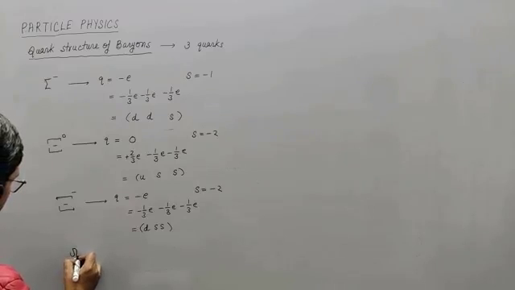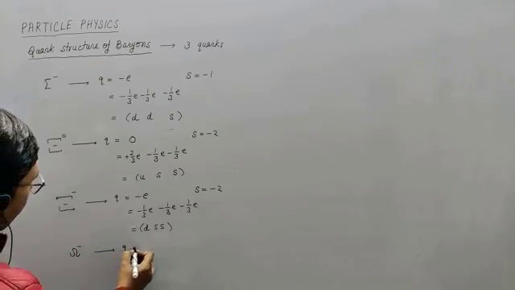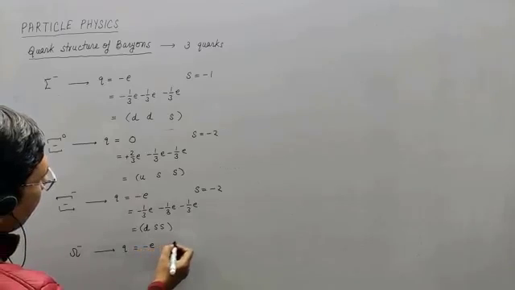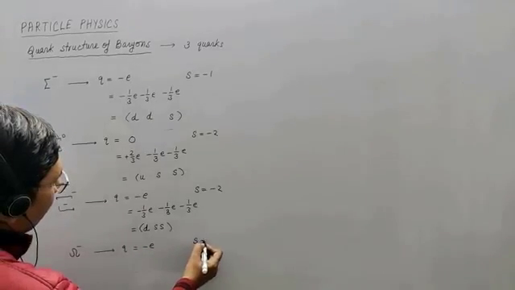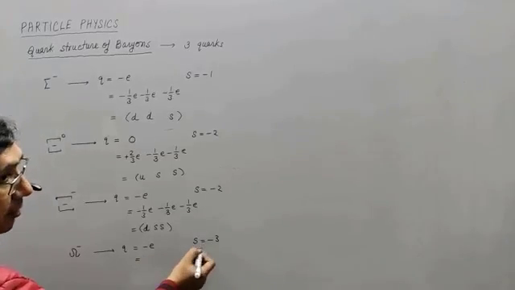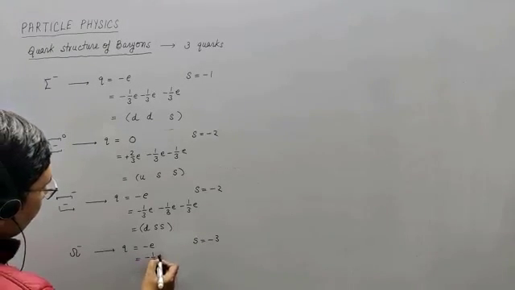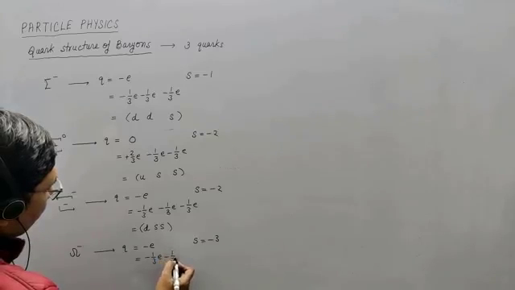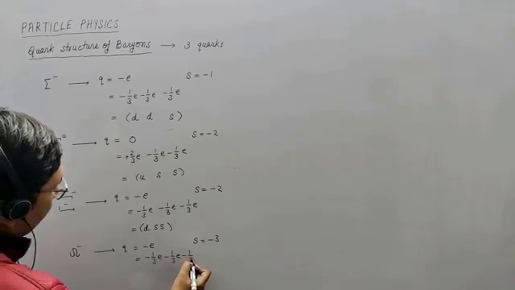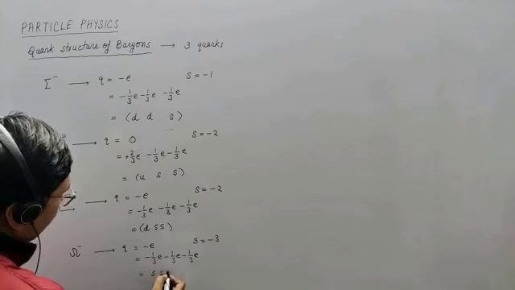Now come to omega minus. For omega minus, charge Q is equal to -e total charge, but strangeness number is -3. Because strangeness number is -3, three strange particles will be involved. -1 by 3e, -1 by 3e, -1 by 3e. So this will be SSS.